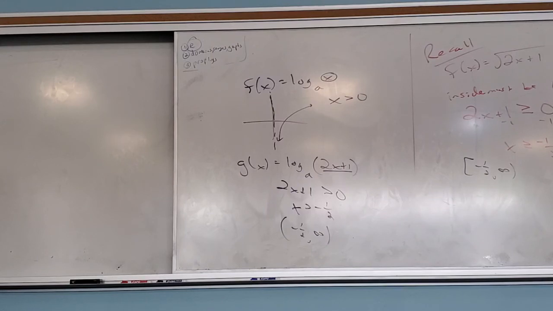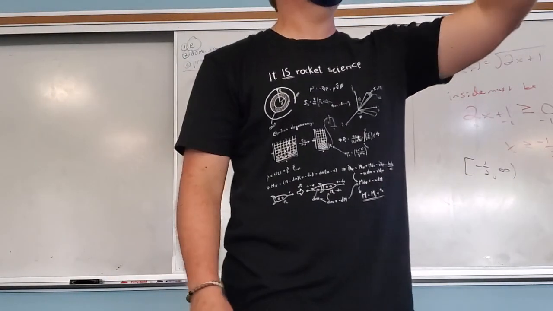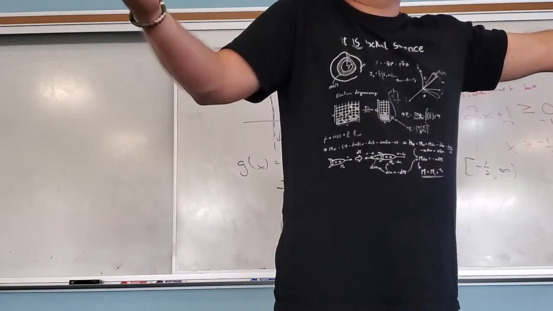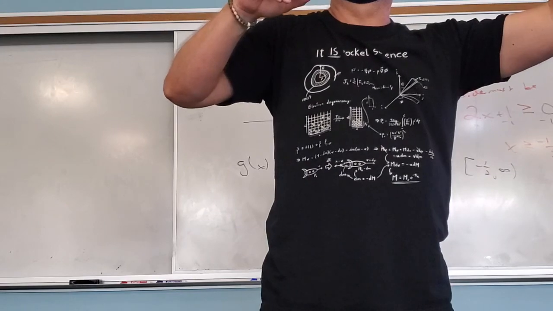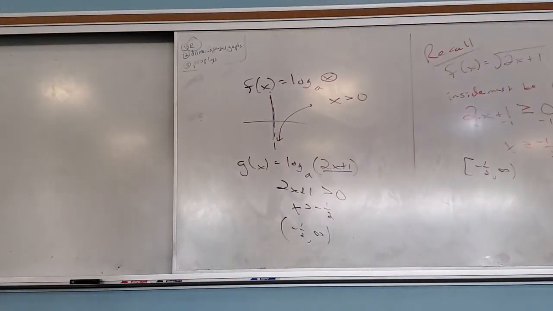Now, what's a quick way to see that? The base is 10. What power does 10 need to become 1/10? -1. I get the same answer just more directly. Because I can just see, I just got to flip it. So I just have to have a -1 power. Okay.